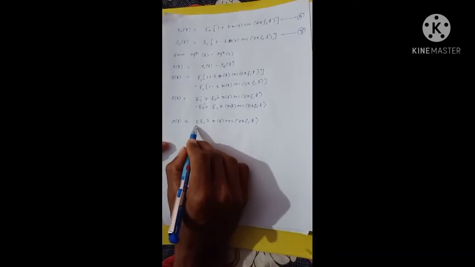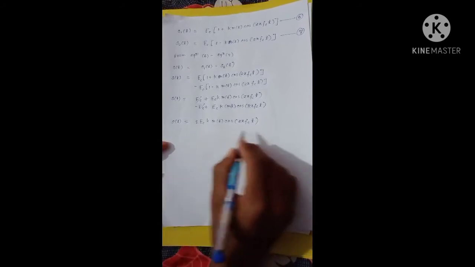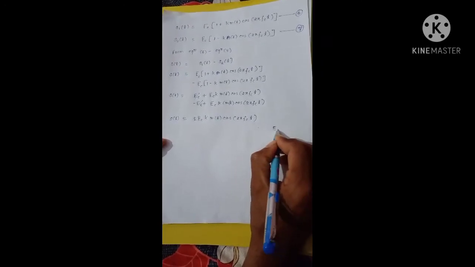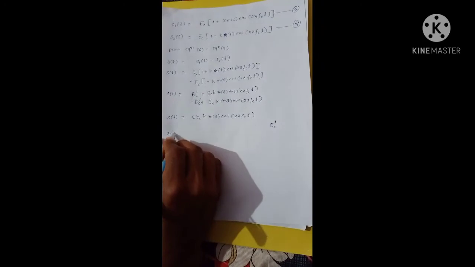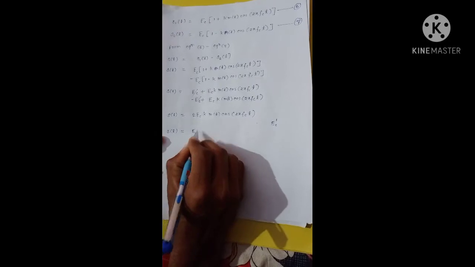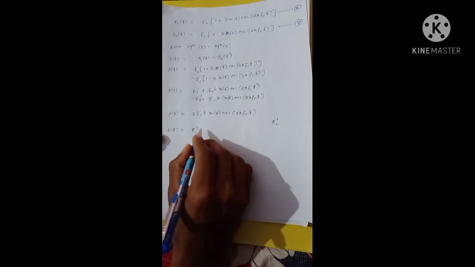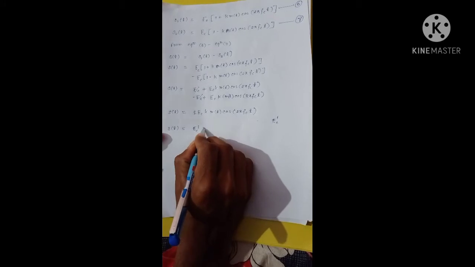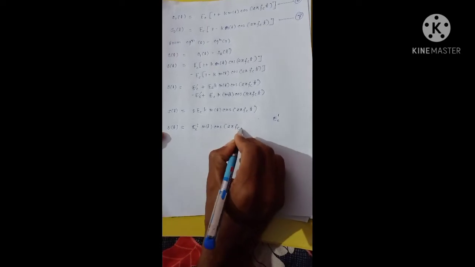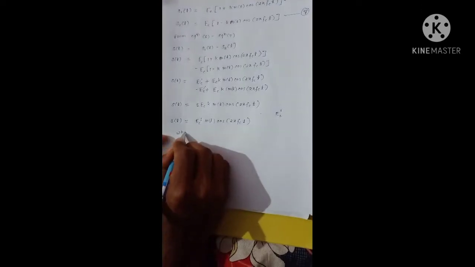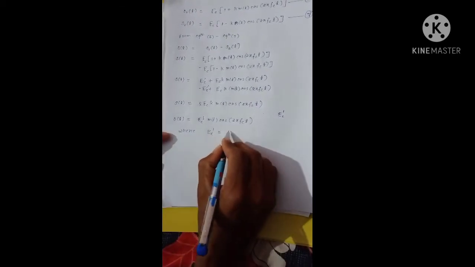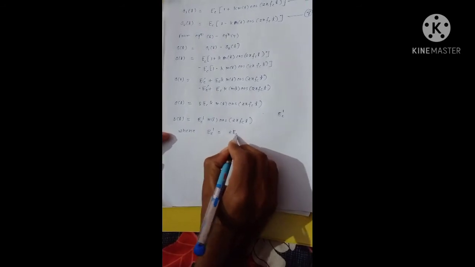Suppose that this term is equal to EC dash, so we get S(t) is equal to EC dash m(t) cos 2 pi fc t, where EC dash is equal to 2 EC K.